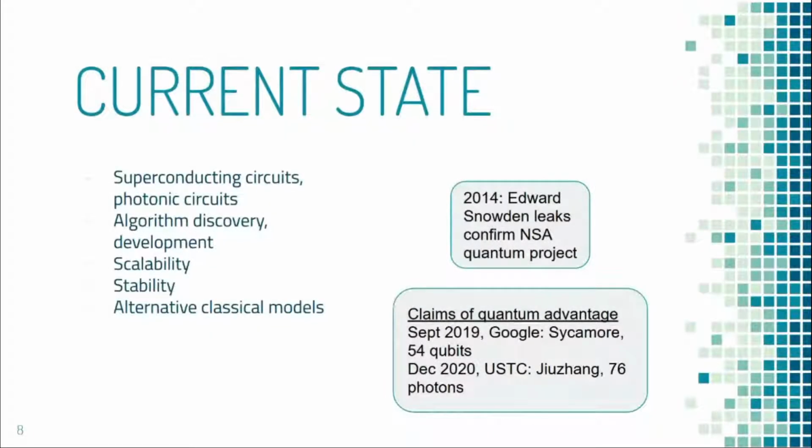As for where quantum computing is now, the majority of quantum computers use particles such as superconducting circuits and also photonic circuits. As for how the industry is developing, the majority of focus is on improving algorithms and trying to scale down these quantum computers.